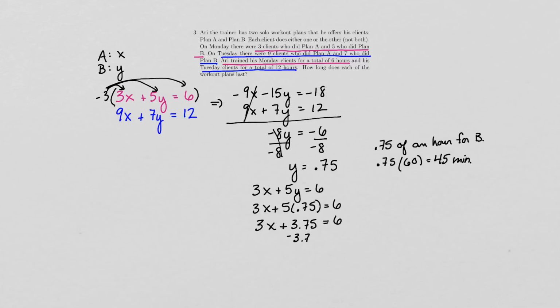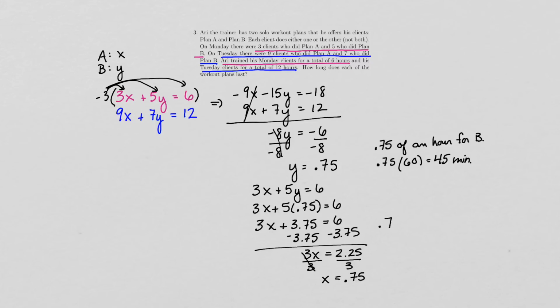If I subtract 3.75 from both sides, I have 3x equals, so 6 minus 3.75 is 2.25. And then if I divide all that by 3, x actually ends up being 0.75 as well.